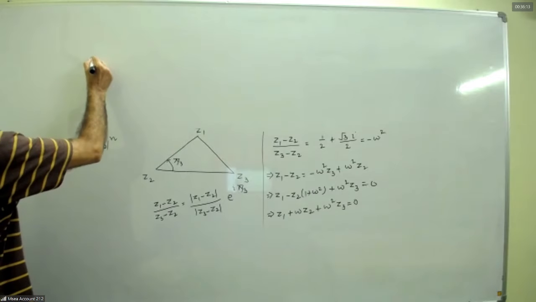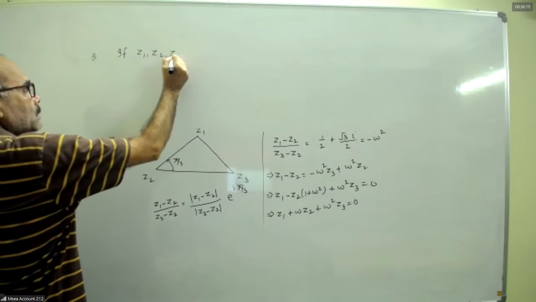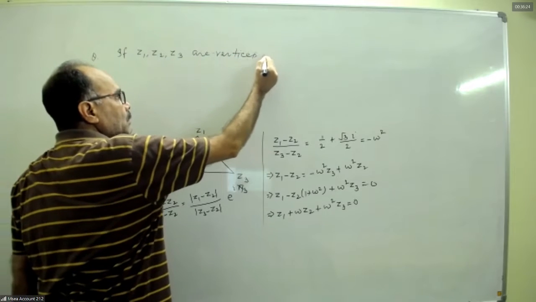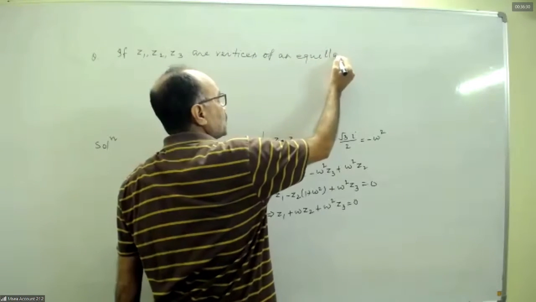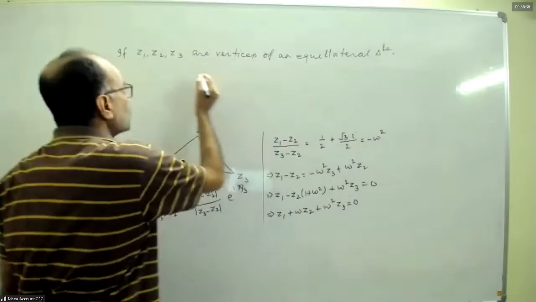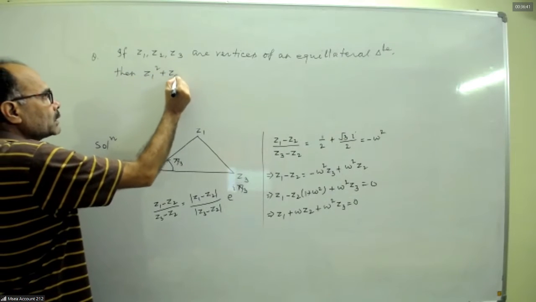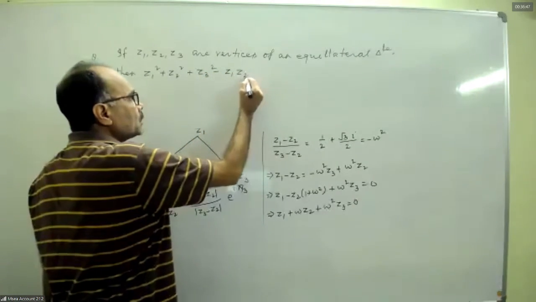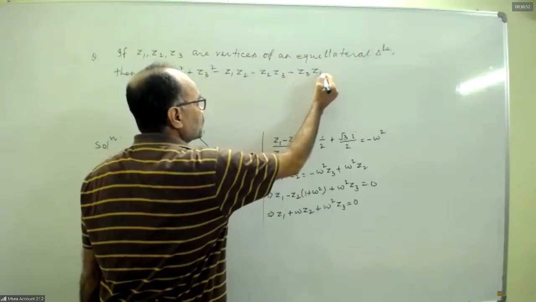Now question. If Z1, Z2, Z3 are vertices of an equilateral triangle, then Z1 square plus Z2 square plus Z3 square minus Z1 Z2 minus Z2 Z3 minus Z3 Z1 equals 0.